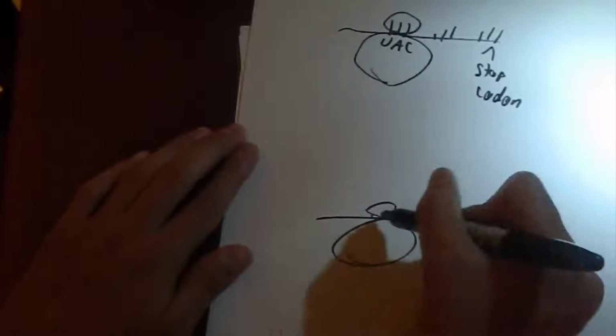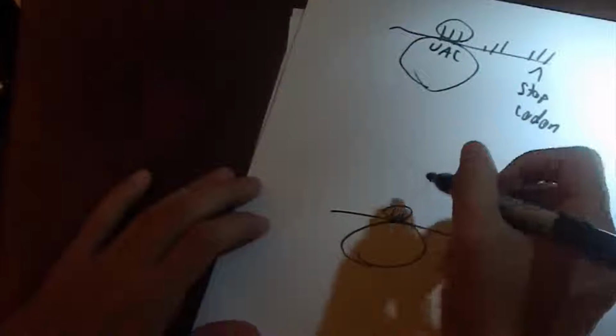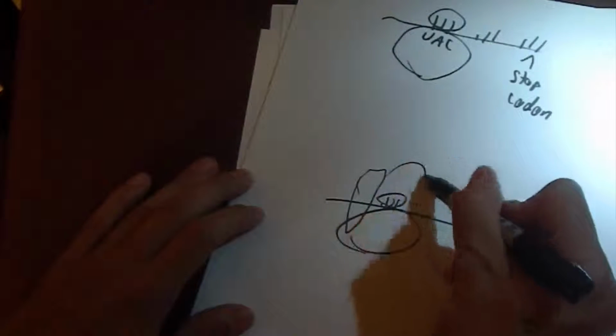So, the tRNA will come. Here's the mRNA still. The tRNA will come, and there's three sections in which it can be. There's the E side, the synthesis side, and the A side, which is the acceptance side.